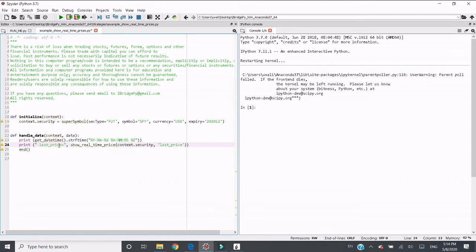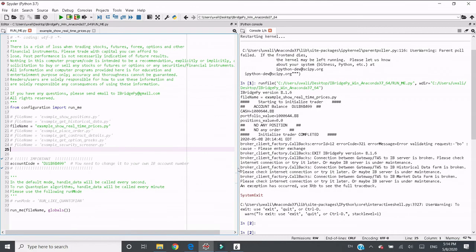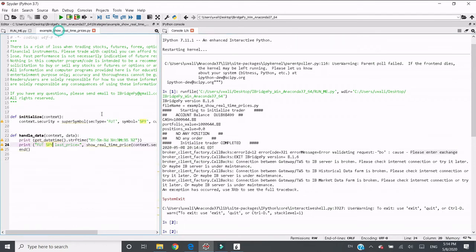This one is FUT SPY and last price. Oh, I forgot to put exchange information.